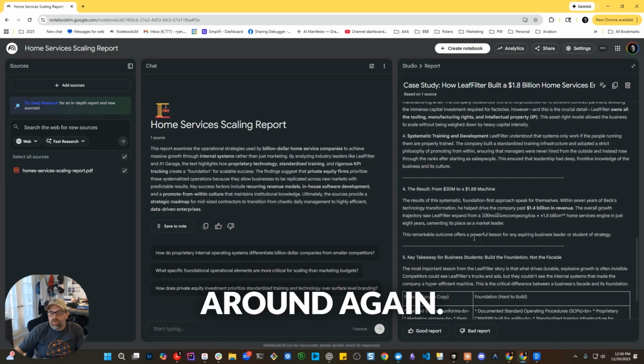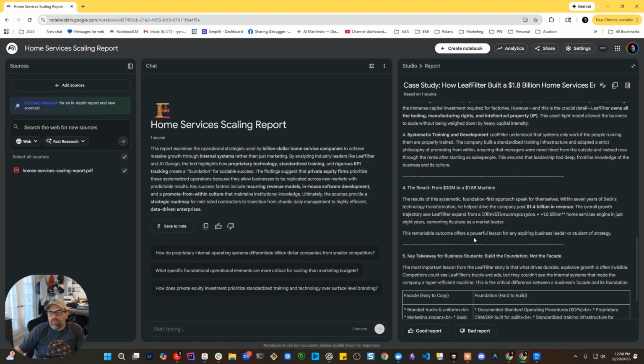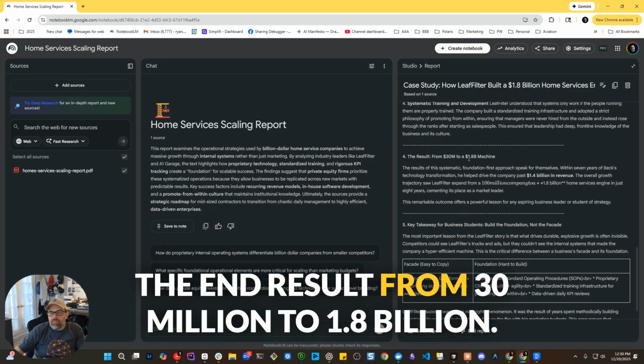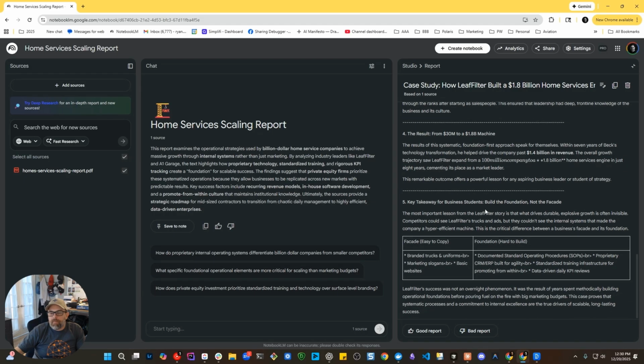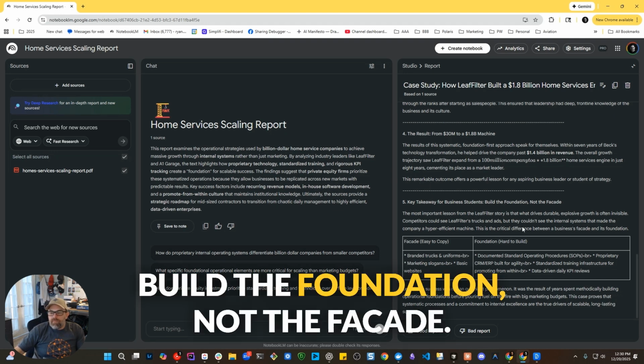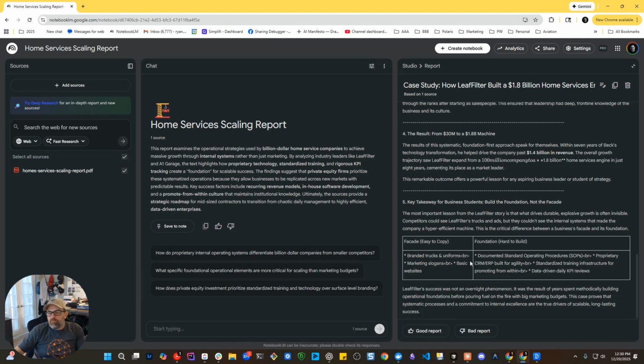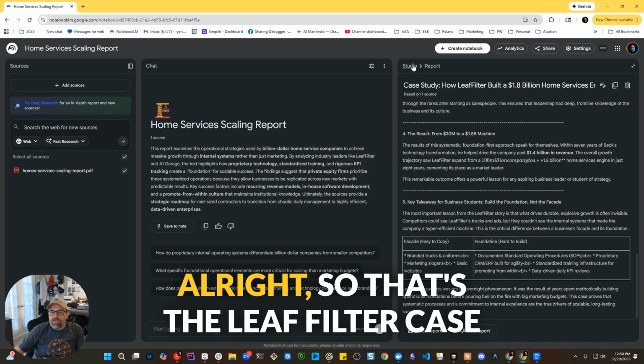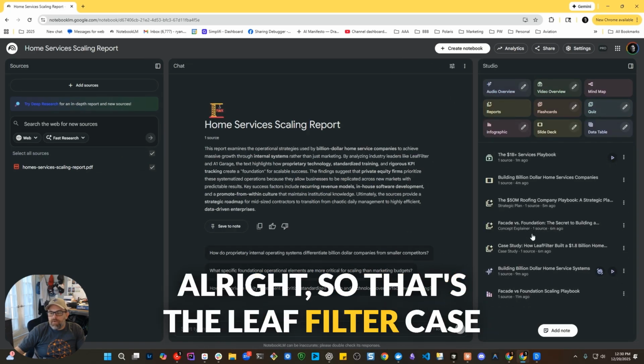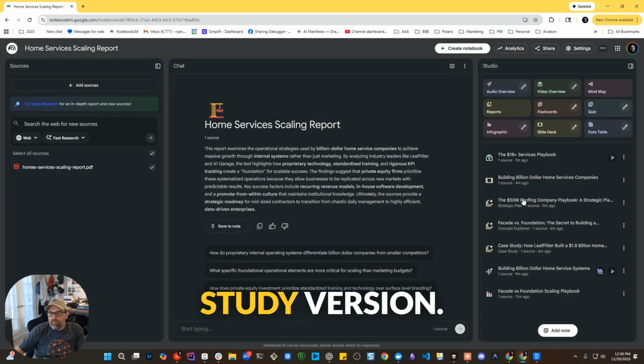That theme comes around again. The end result, from 30 million to 1.8 billion. Build the foundation, not the facade. There it is again. All right, so that's the LeafFilter case study version.